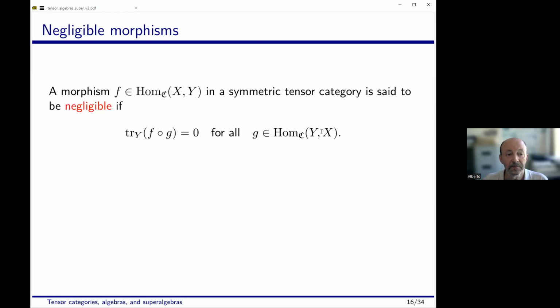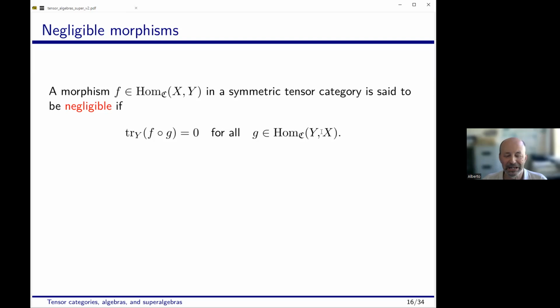And with this, we can define the so-called negligible morphisms. F is said to be a negligible morphism if the trace of F composed with any other morphism in the reverse direction is always 0. Actually, you can put the composition of G and F or the composition of F and G in the reverse direction. It doesn't matter. The trace is commutative.